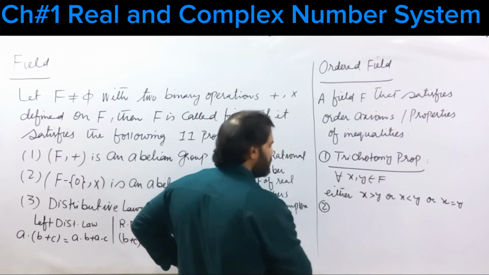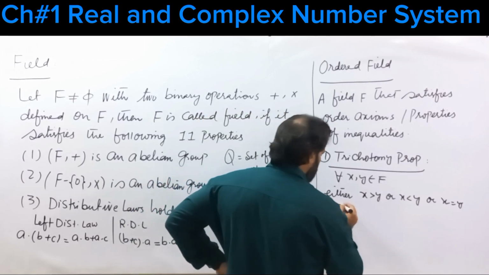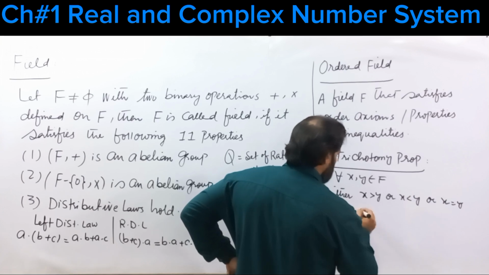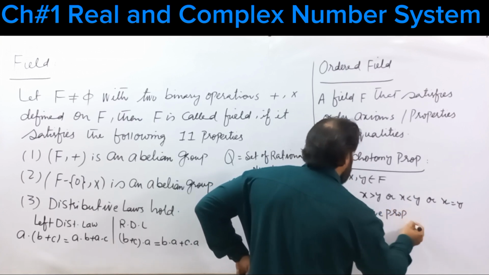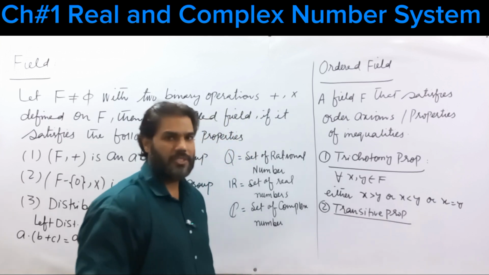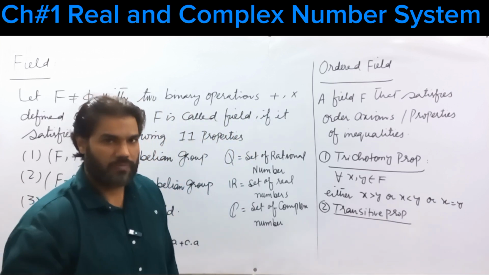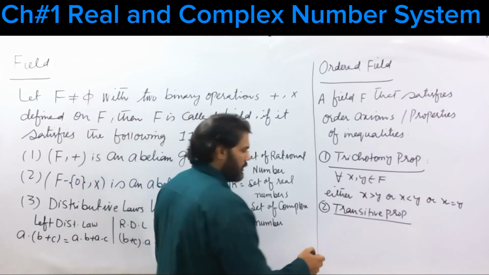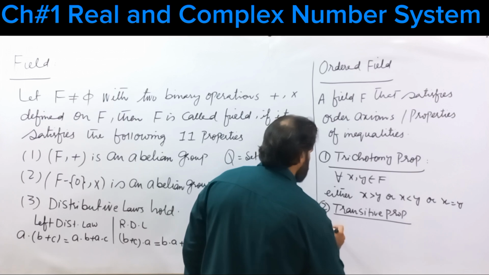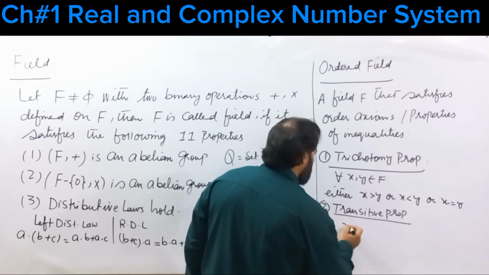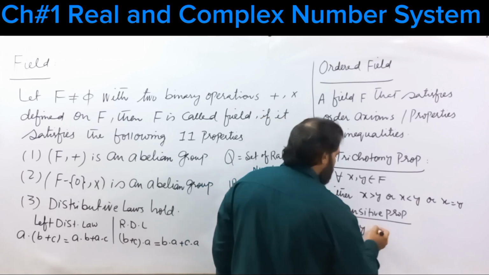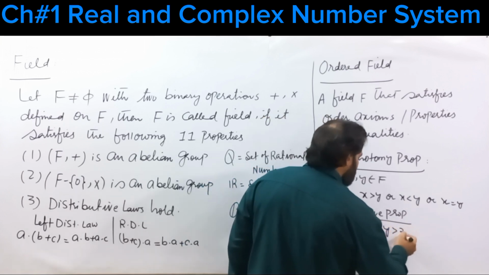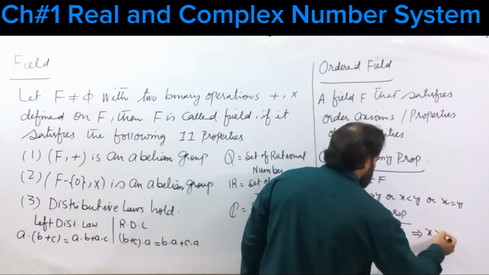The second one is the transitive property. The transitive property says that for all x, y, z, if x, y, z are three elements of the field F, and x is greater than y and y is greater than z, this implies the first number x is greater than z.